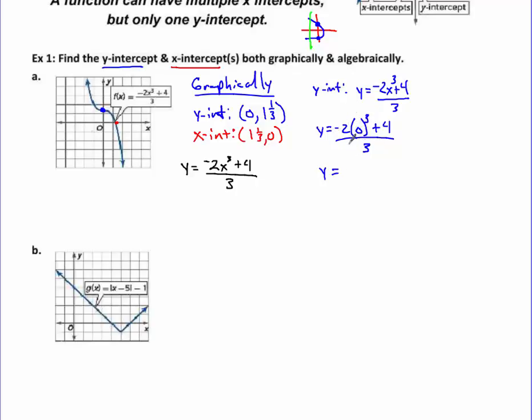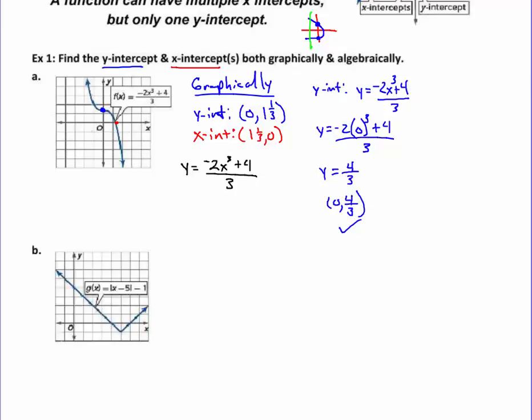So I have 0 right here, plus 4 divided by 3. And that would make my y-intercept be the point 0, because x was 0, I plugged it in, 4/3. And hopefully you recognize that 4/3 is the same as 1 1/3. So we did a pretty good job with that one.